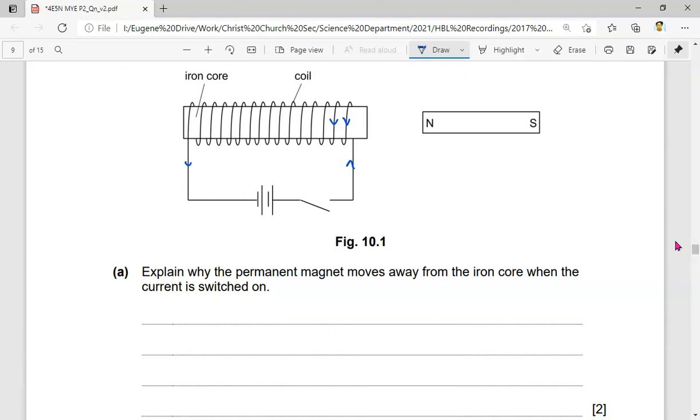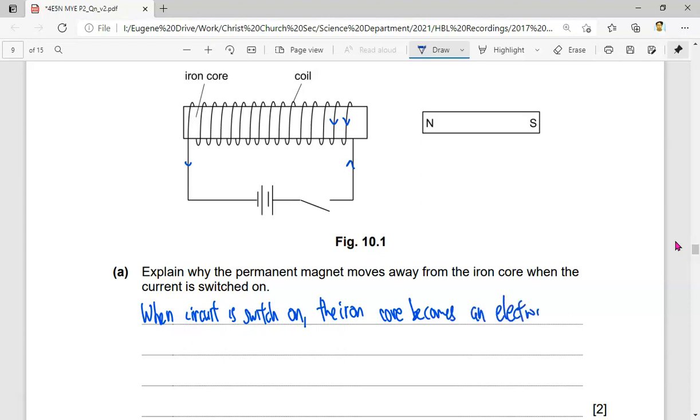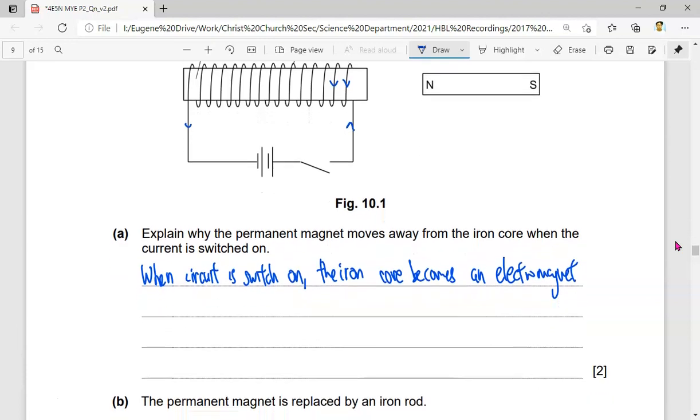So first part, when the circuit is switched on, the iron core becomes an electromagnet. Now, so what if it has become an electromagnet? Why does it exactly repel? It moves away, it's actually repulsion. Why does it repel?